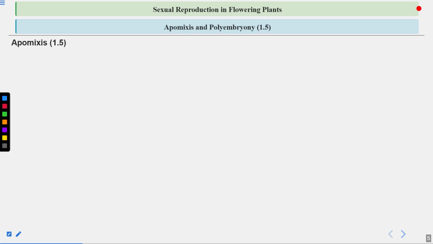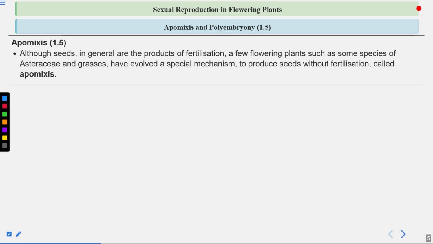Moving ahead, apomixis. So let us understand what this apomixis is. Although seeds in general are the product of fertilization, so sometimes it can be asked, what is the product of fertilization? Seed is the ultimate result of the process of fertilization, right? Seed. A few flowering plants, such as some species of Asteraceae and grasses.